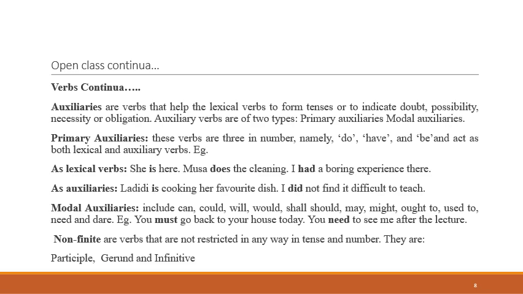Then we have modal auxiliaries, which can be can, could, will, would, shall, should, may, might, ought to, used to, need, and dare. Although they observe tense changes, as we can see, because can is could, past conditional, will is would, shall is should, may, might, but they don't observe subject changes.